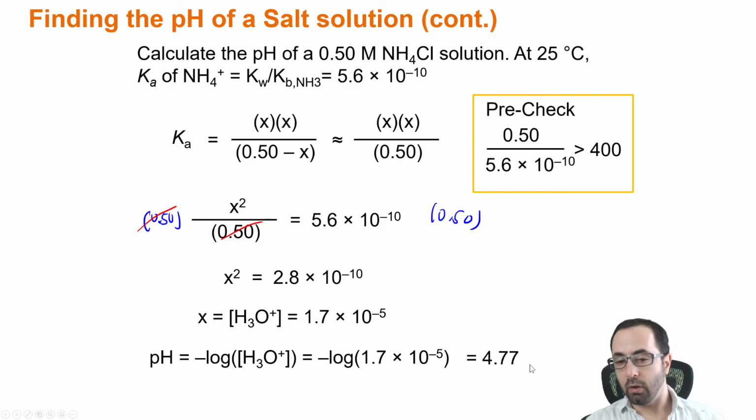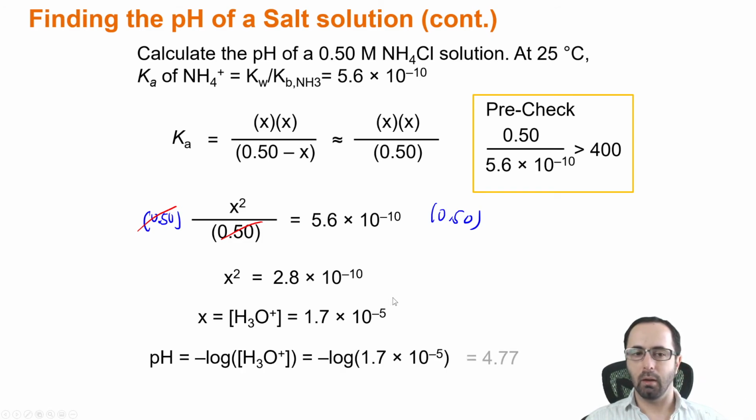So the big difference between doing the pH for a salt solution versus doing the pH for a weak acid or a weak base is that you're not going to be able to look up the Ka or the Kb directly from your Appendix C. Instead, you're going to have to identify the conjugate acid or base and use that to figure out the Ka.